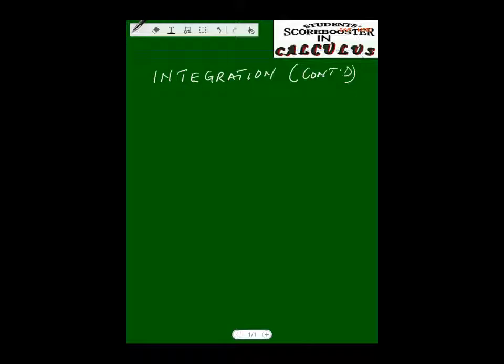So today, as I have written on the board here, I'm going to continue with calculus and specifically integration.